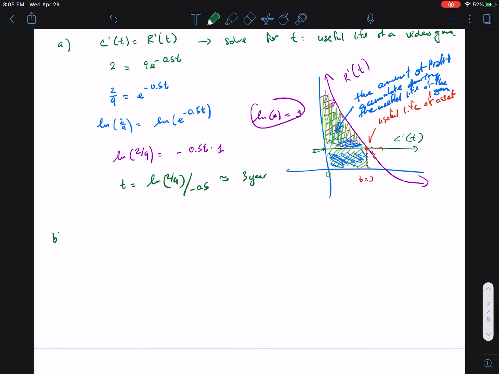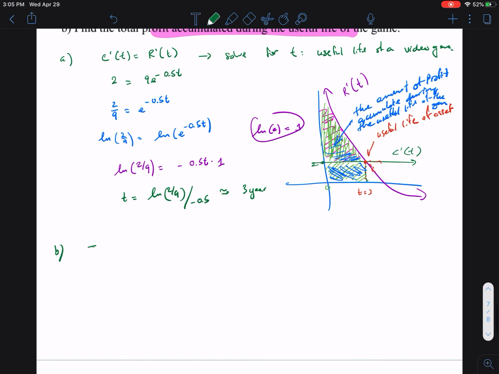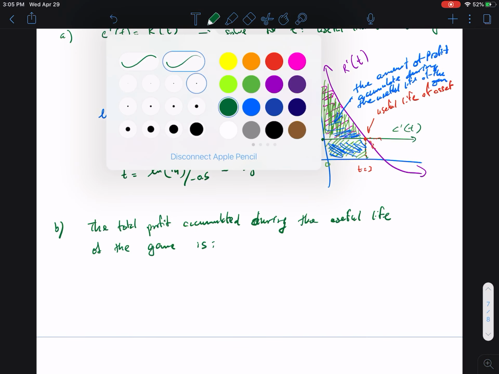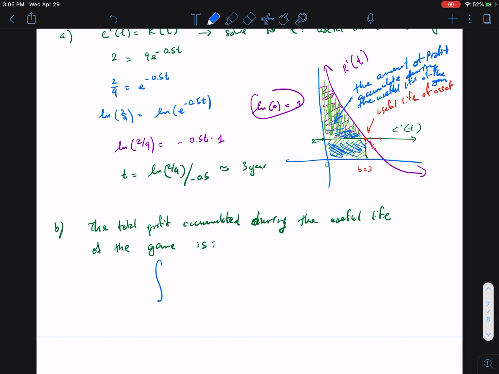Okay, all right. So the total profit accumulated during the useful life of the game is the definite integral from 0 to 3 of the marginal profit function, because if we integrate that, it will give us the profit function.